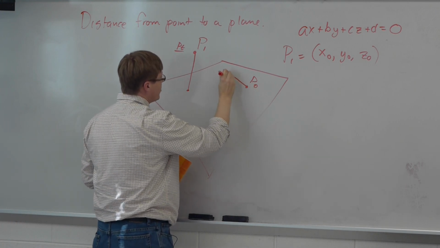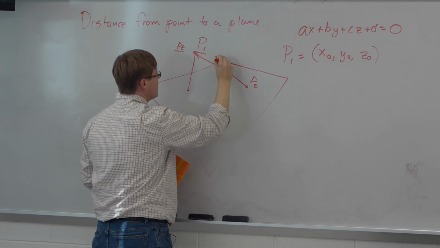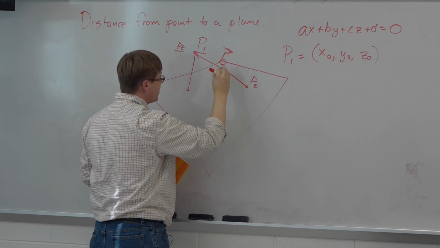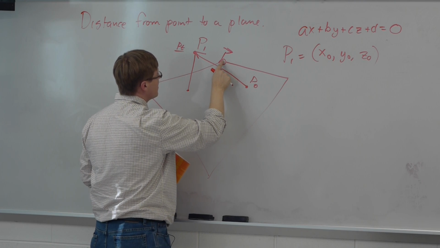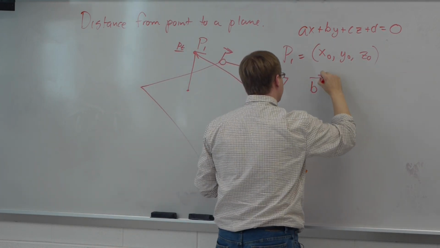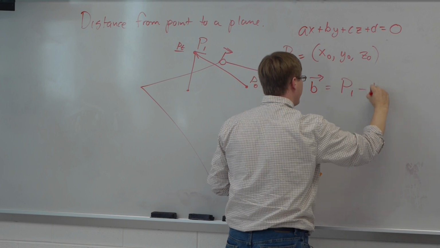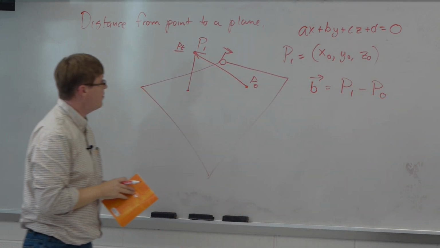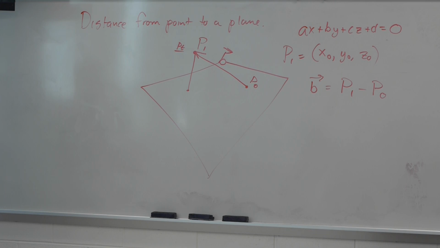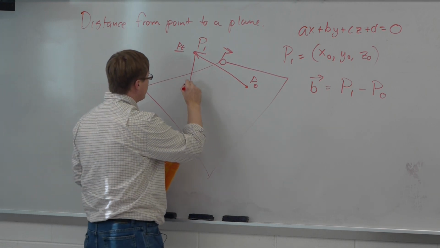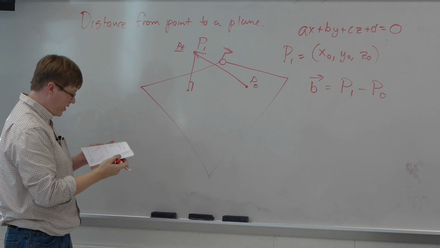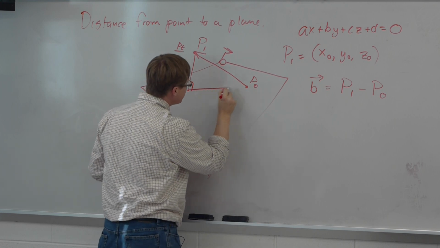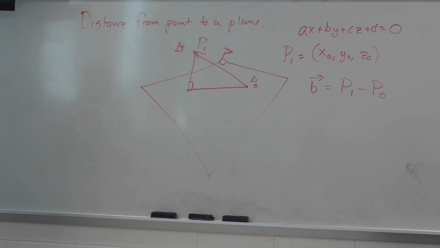And I'm going to draw that vector B. And B is P1 minus P0, from one point to the other. Now, if that's a normal vector, isn't that a right triangle?